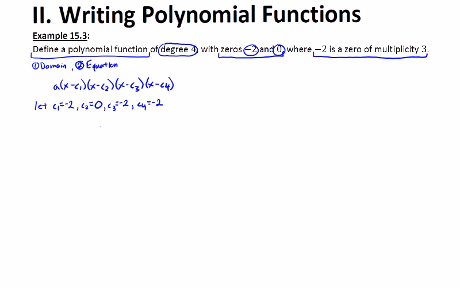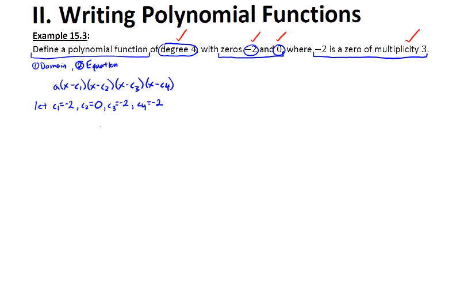Looking back at the criteria for our polynomial function: degree 4, check. -2 and 0, check. Multiplicity of 3, check. And there are no other requirements for our function.